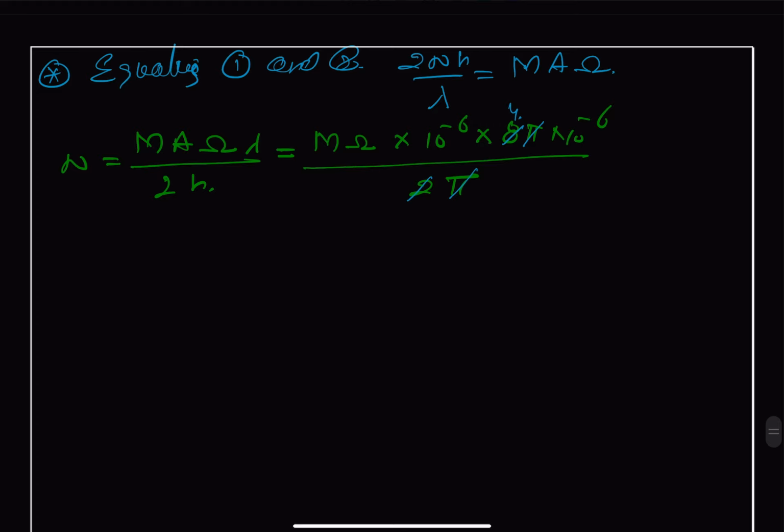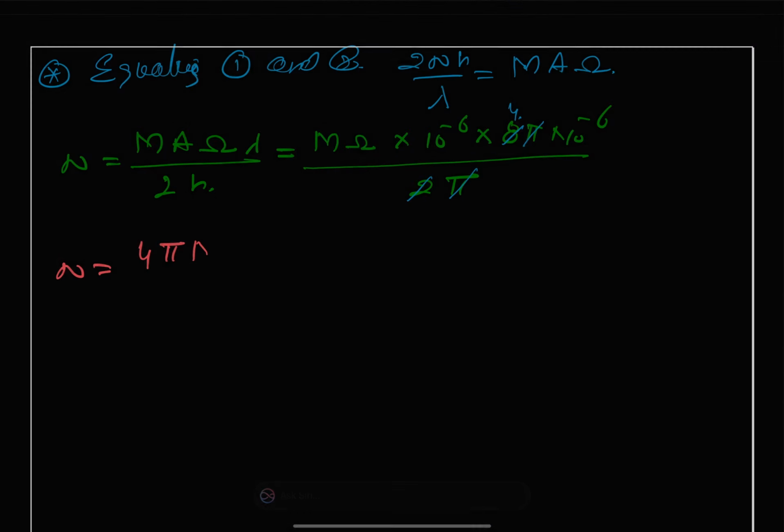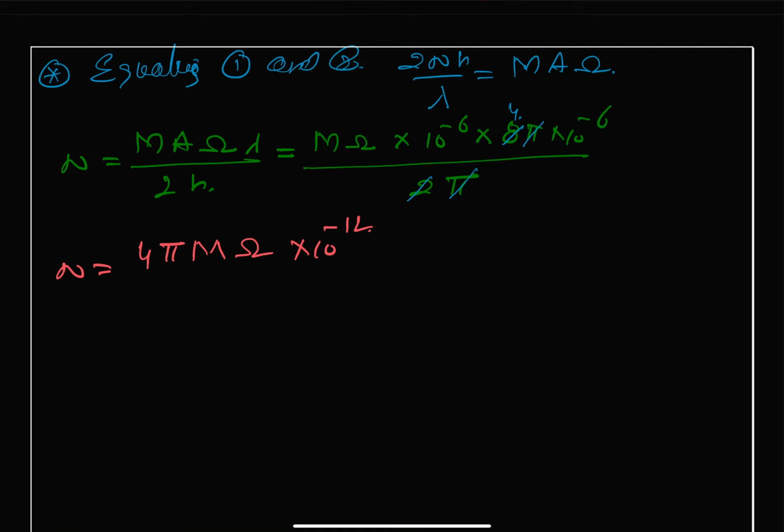Therefore, we get n is equal to 4 pi M omega, and we have here 10 raised to the power minus 12. Here I forgot to write. One second. Oh, sorry. This is not pi but h. This is h and this is pi. Therefore, we get A divided by our h.